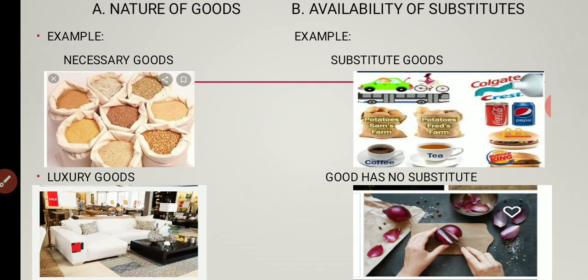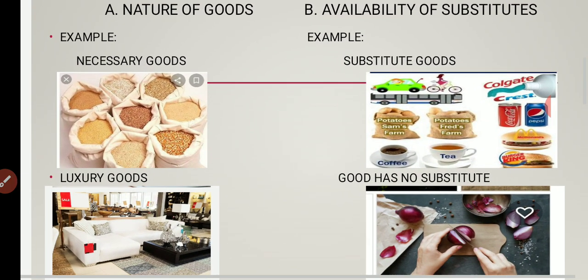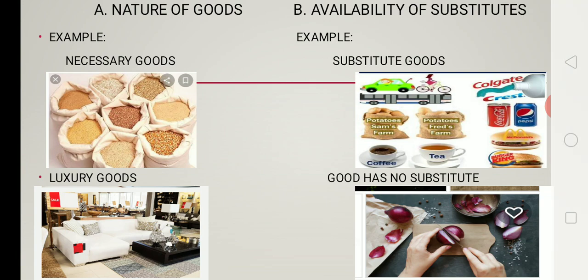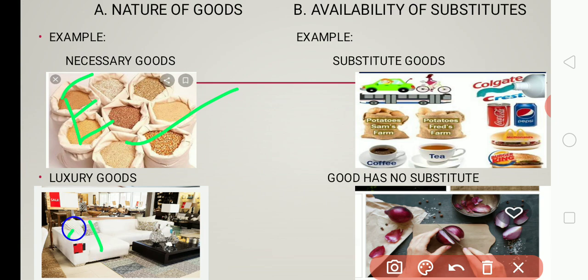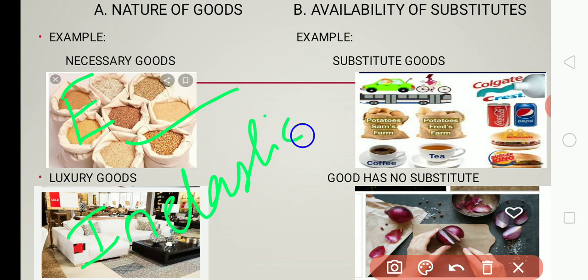Here are the different types of goods, that is nature of goods. Essentials, as I already told you, sugar, wheat, are the essential goods. For the essential goods, the demand will be inelastic, and for the luxurious goods, the demand will be elastic.